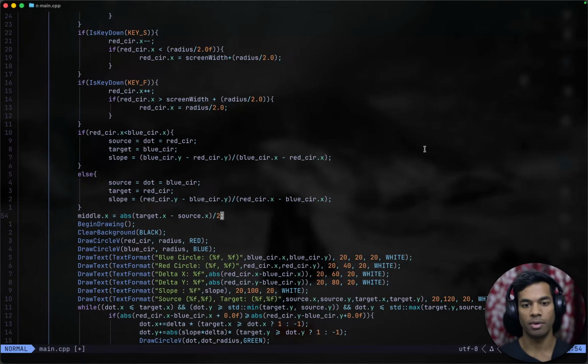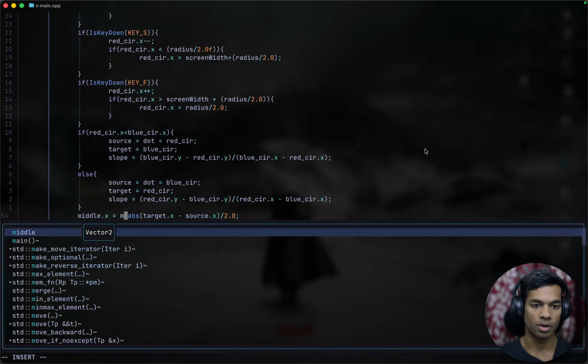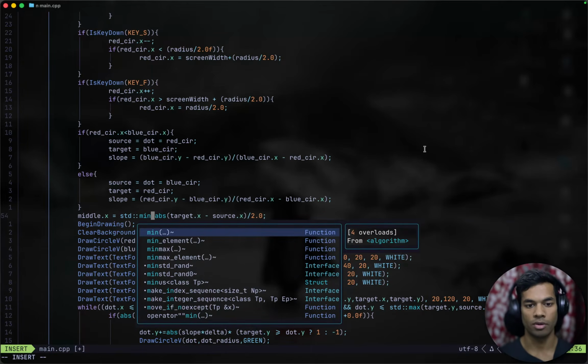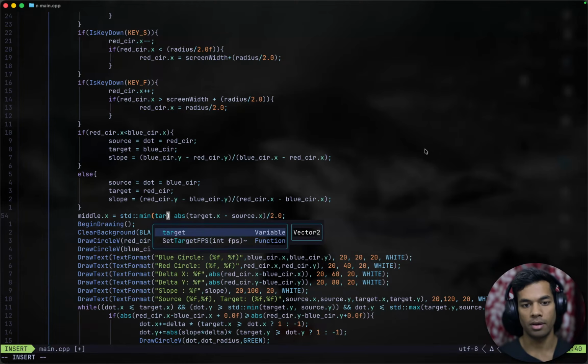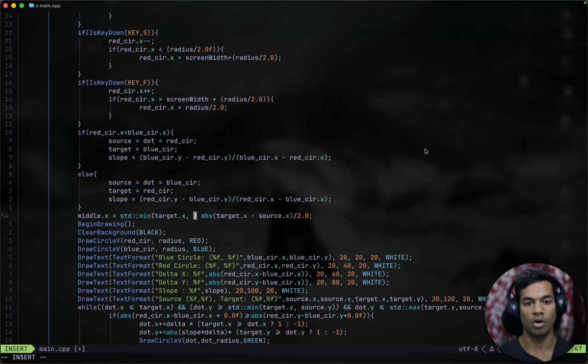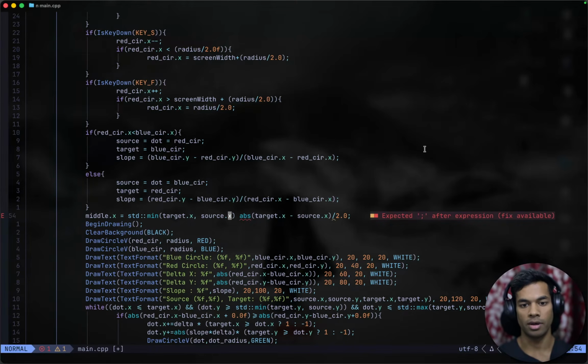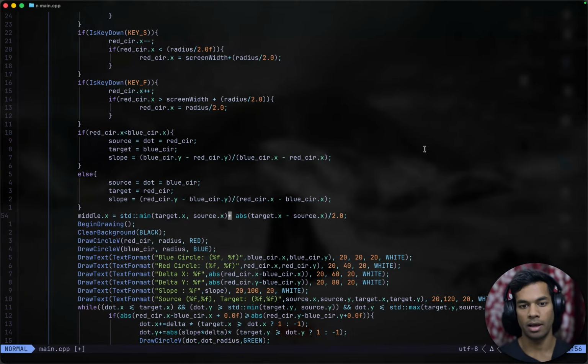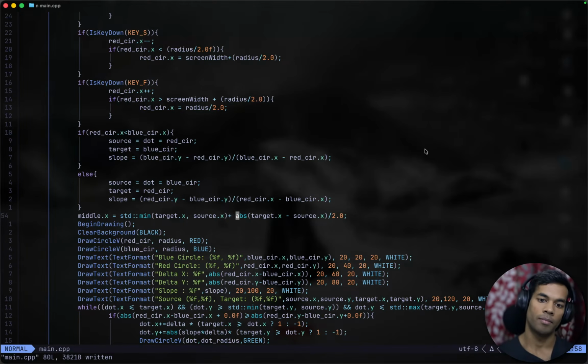Difference divided by 2.0, and add this difference to the smaller of the two values: minimum of target dot x comma source dot x, add this. Yes, that is nice.